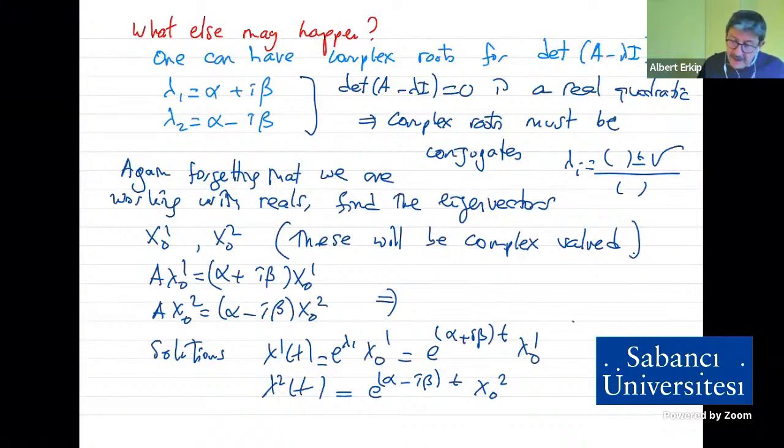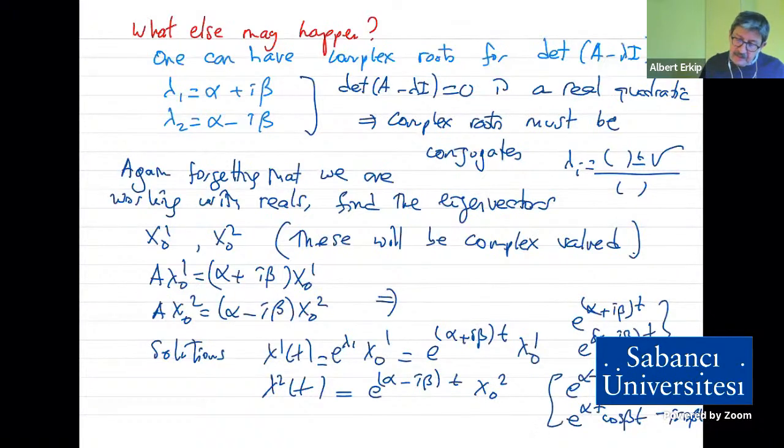Now e to the alpha plus I beta t can be written as e to the alpha t times cos beta t plus I sine beta t. And the other one is e to the alpha t times cos beta t minus I sine beta t.